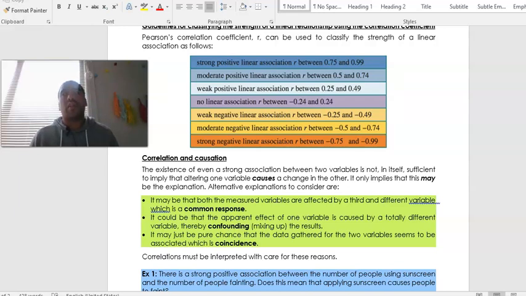So is it safe to say that because there is a link between the 2, if you were to buy mittens, you would get frostbite? That seems counterintuitive, doesn't it? So it's safe to say that there is a third party which, when introduced, affects both of them. And in this case, it's the weather.